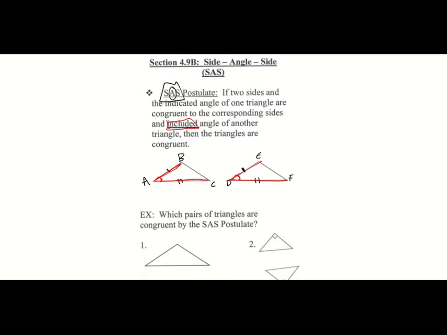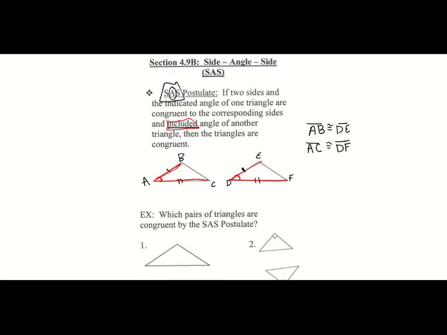Okay, so if we look at what we're given here, we have AB is congruent to DE. We have AC is congruent to DF.